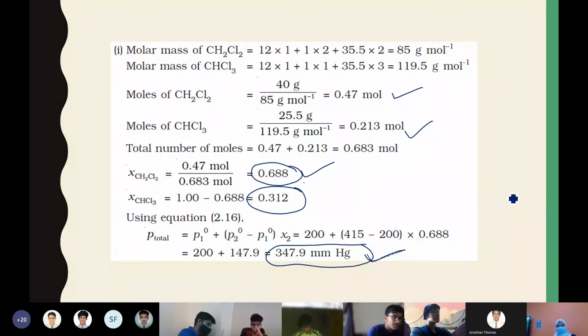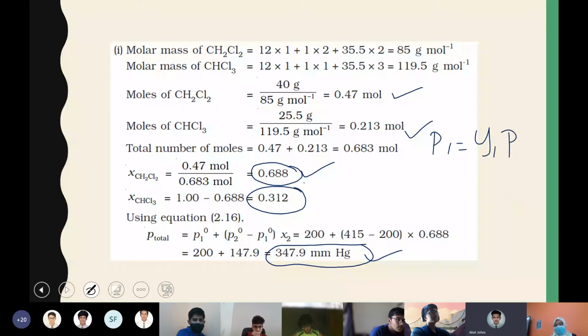Okay. From this P total, how can you calculate Y1 and Y2? Which is the equation? The equation is P1 is equal to Y1 P total, or you can write P2 is equal to Y2 P total.